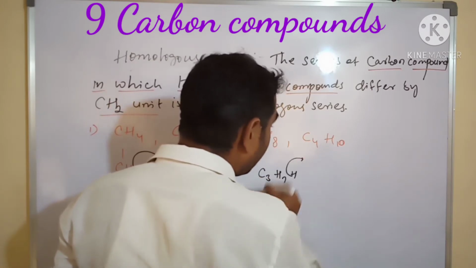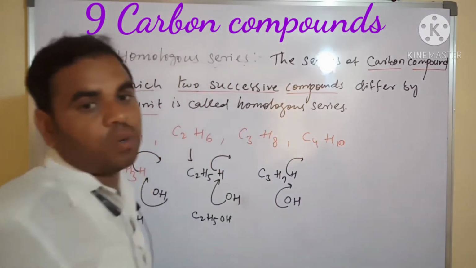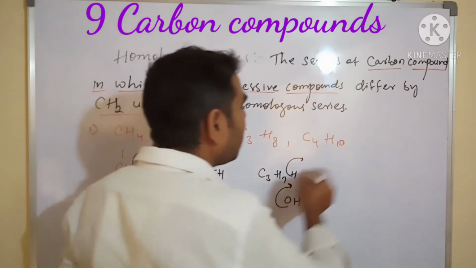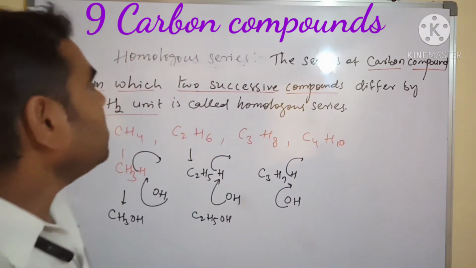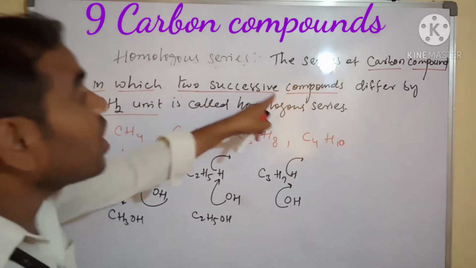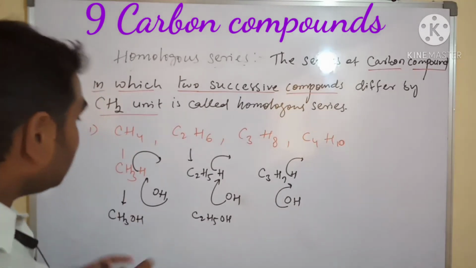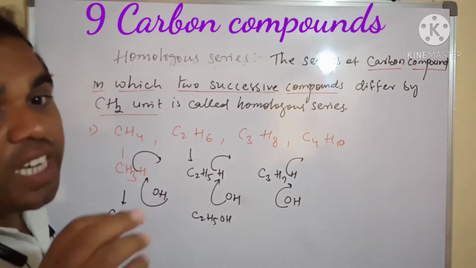Next, C3H7 and H means H is replaced and the OH group is added. See this line: the series of carbon compounds in which two successive compounds differ by a CH2 unit. What is the difference here? Only a CH2 unit.